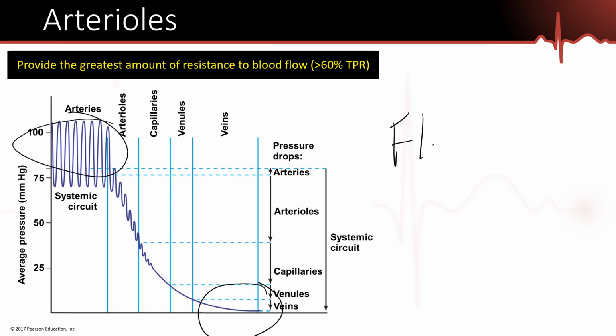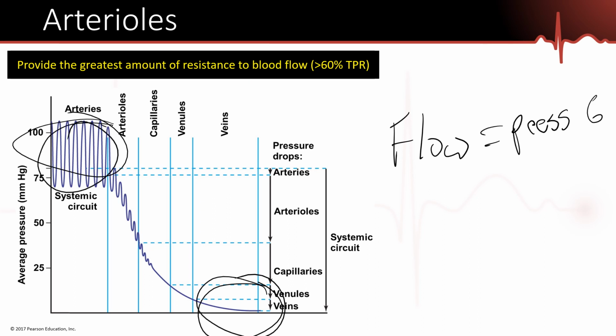Flow is proportional to the pressure gradient. So you need there to be high pressure within the arteries, and low pressure in the veins, if you want blood to flow from the arteries towards the veins, which is exactly what we want within both the systemic and the pulmonary circuit. So we need there to be a pressure gradient between the arteries and the veins.